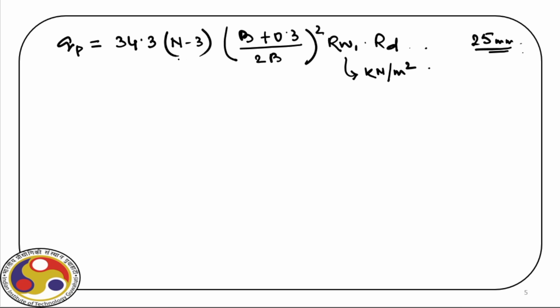So what is this N? This is the SPT value with appropriate correction, obviously. This B is the width of the foundation. So we have Rw1 as explained earlier, and then Rd, which is called depth factor.